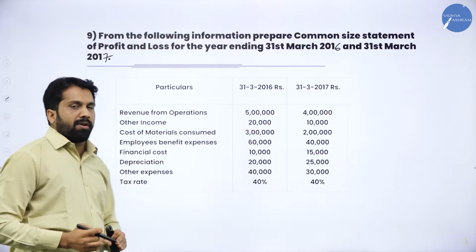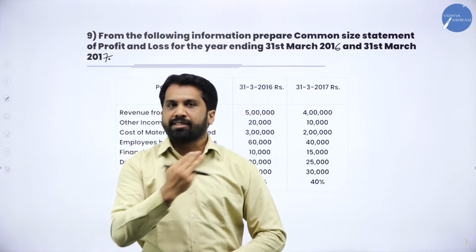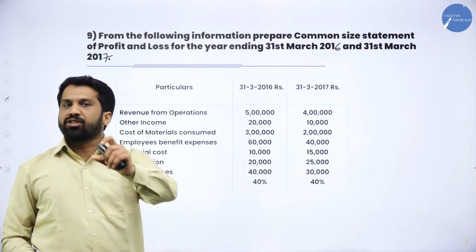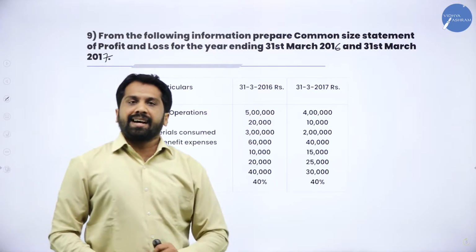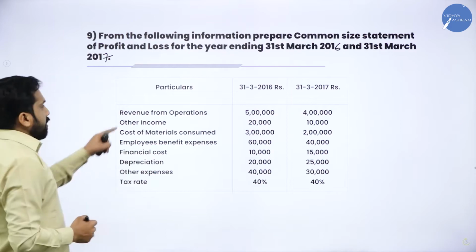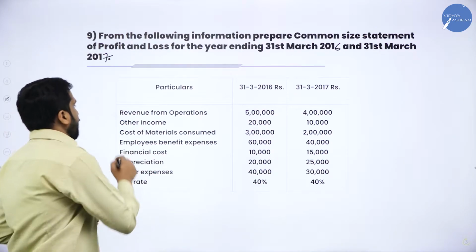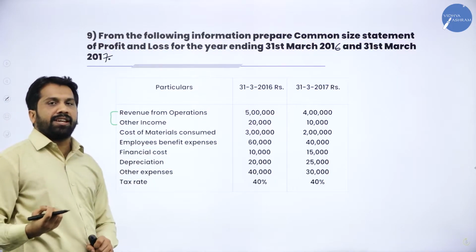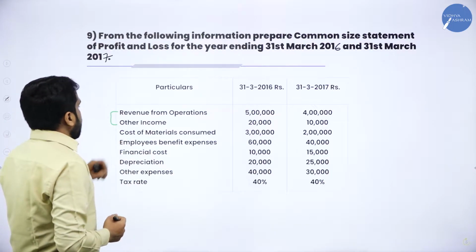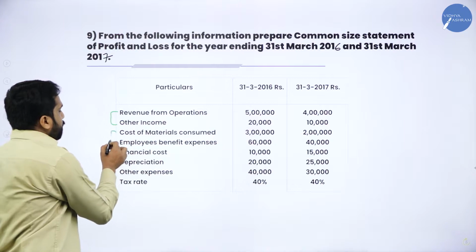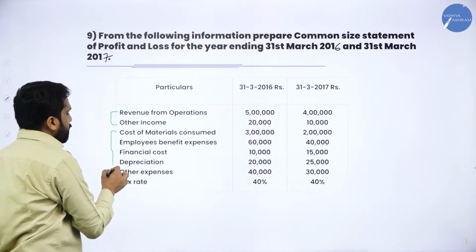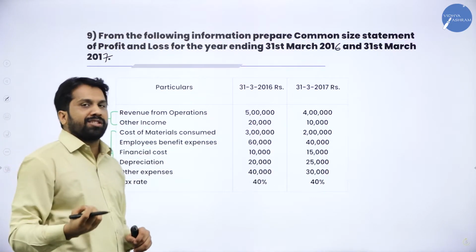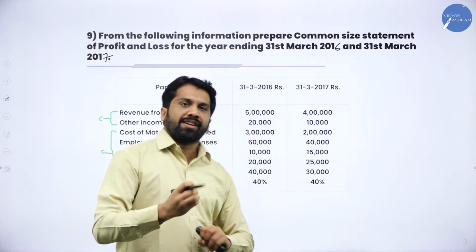Before we go to your problem, as I told you, we have three stages. In the question itself, you have to classify stage 1, stage 2 and stage 3. Revenue from operation and other income, these two we call stage 1. Cost of material, employee, financial cost, depreciation, other expenses, this is called stage B or stage 2.